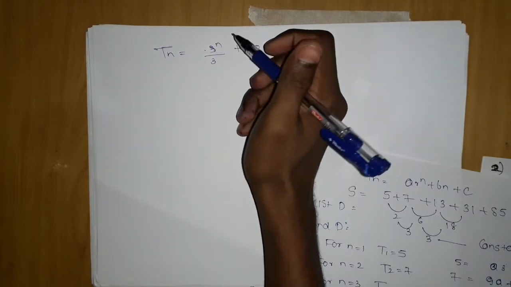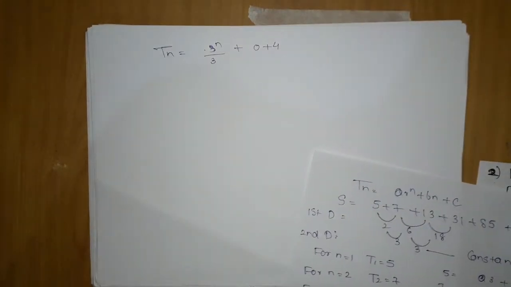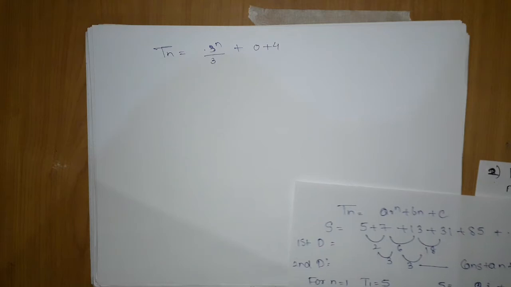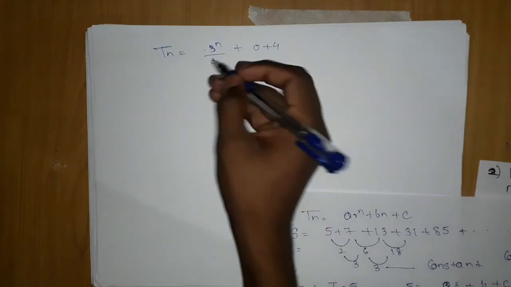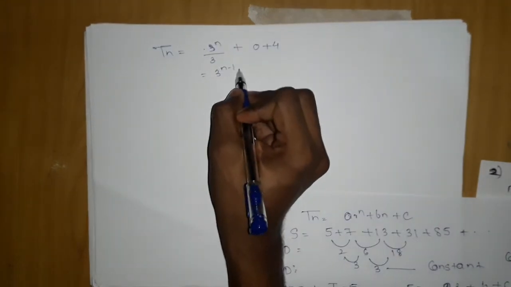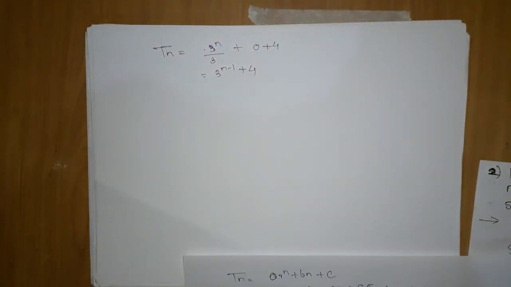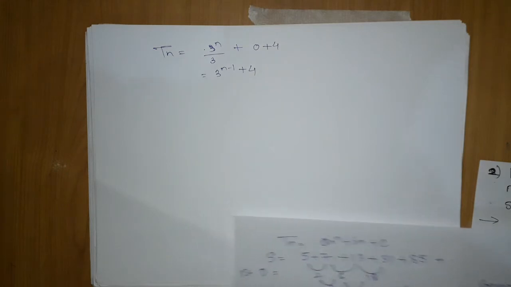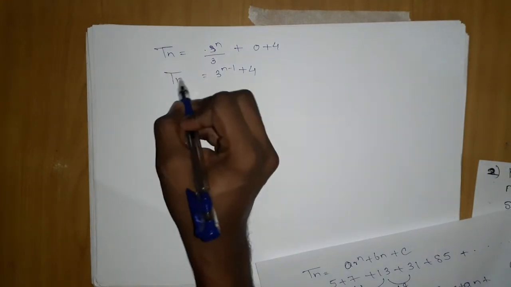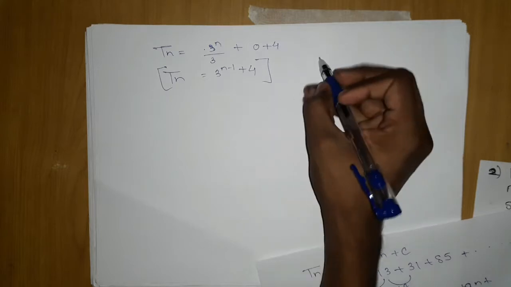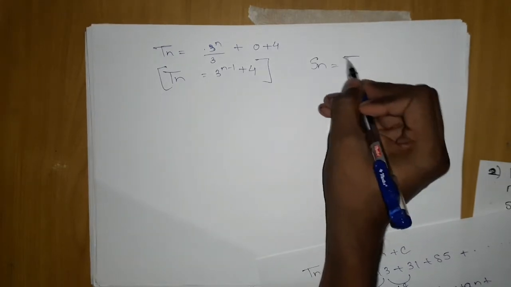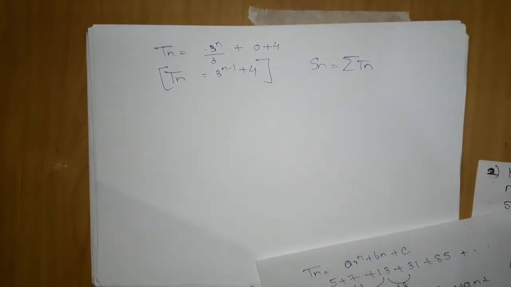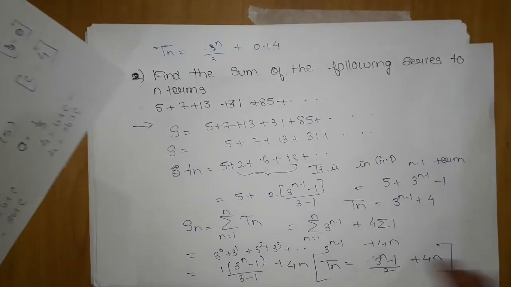Now you can clearly see, if I move it up, I get 3^(n minus 1) plus 4, which was our Tn in the previous question. So you can understand both methods are the same. Now you can apply the summation of Tn and get your answer, which will be the same, so I'm not going to find it again. You can check both answers are the same.